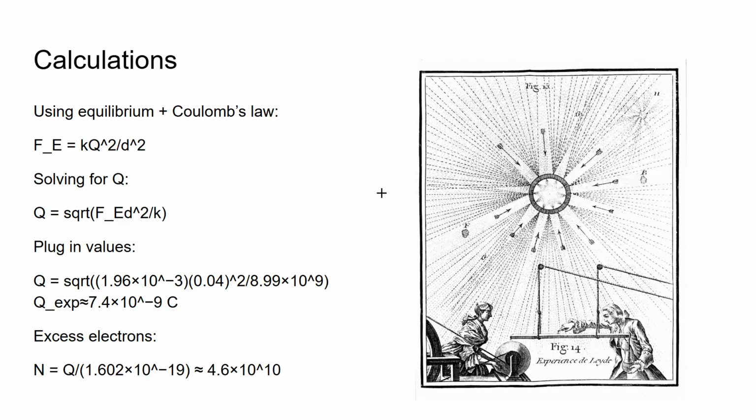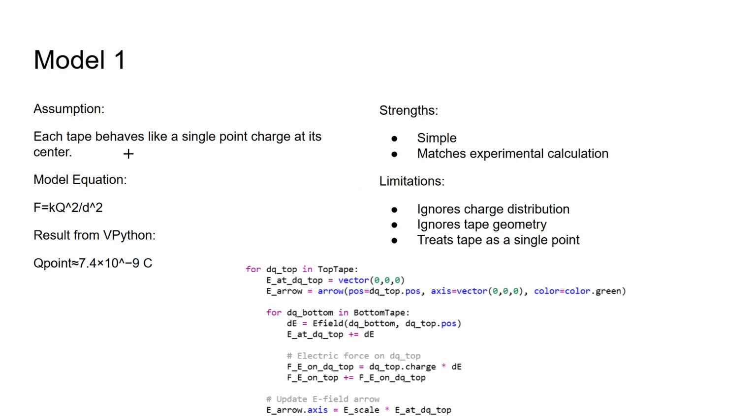Calculations. These are the equations I use to get the electric force and fields, and also account for the excess electrons. In Model 1, the assumption was that each tape behaves like a single point charge at the center.